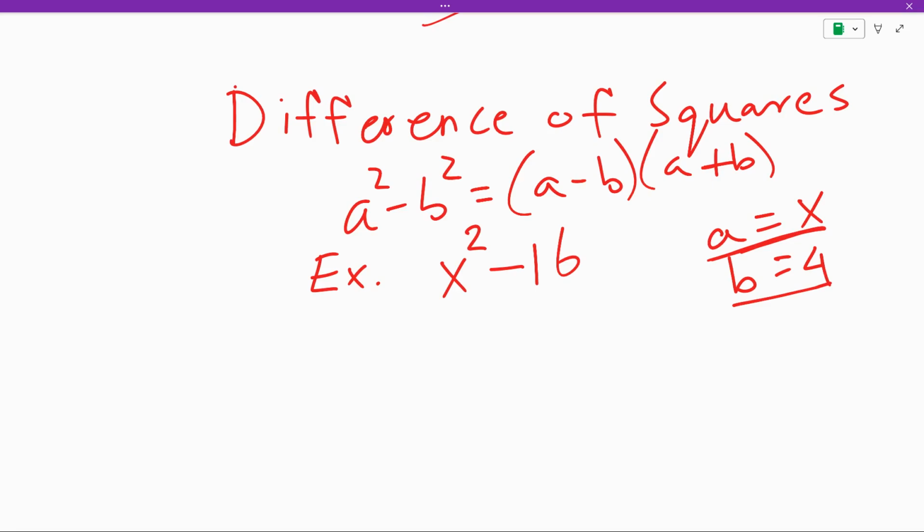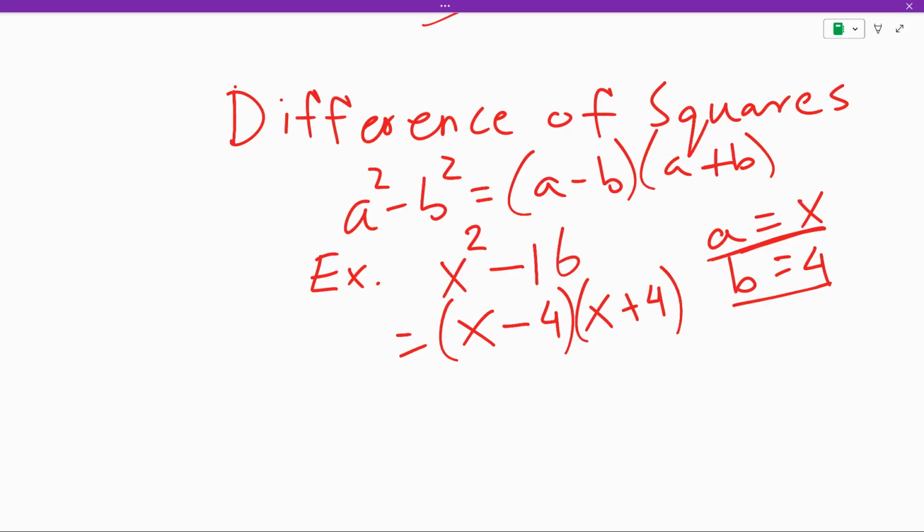Okay? So now this expression is just going to become a minus b, which we've defined a to be x, minus b, which we've defined b to be 4, times x plus 4. Okay?